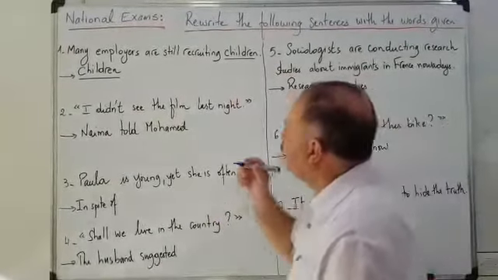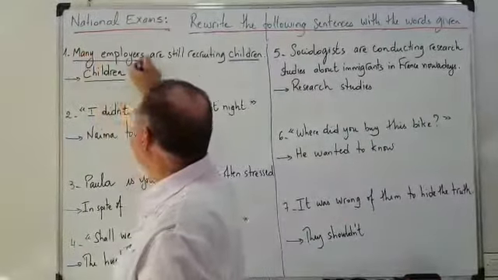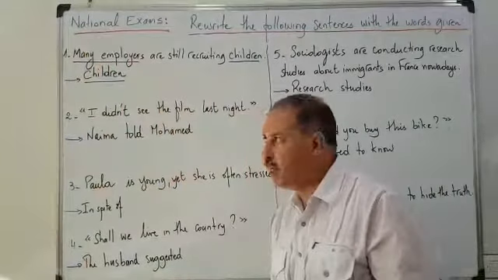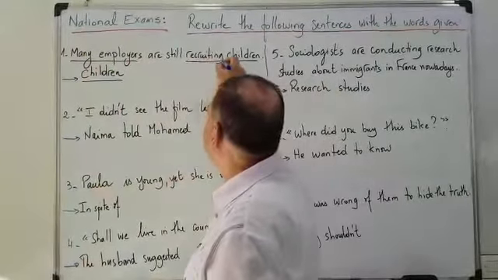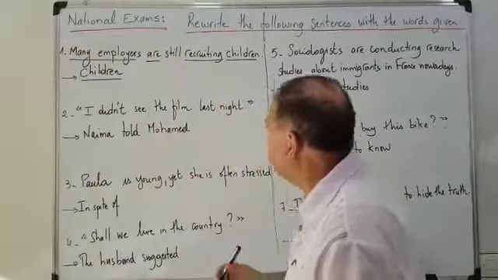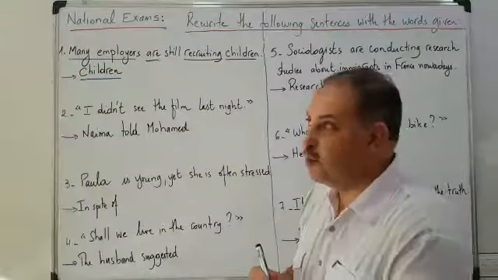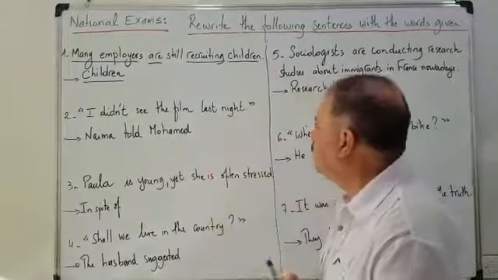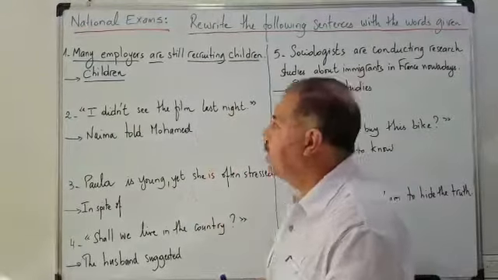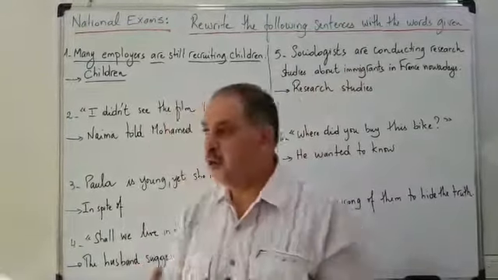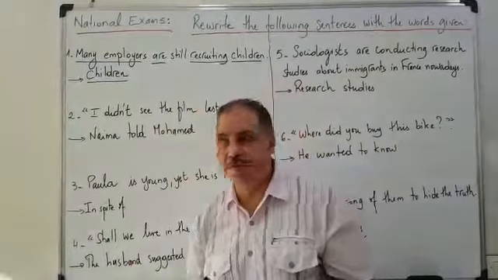If we analyze the sentence, we can see that many employers is the subject and the verb is are recruiting, which is present continuous. Recruiting whom? Recruiting children. So children is an object, and we need the passive voice.